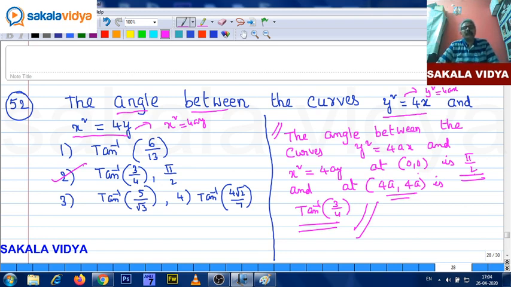Always remember, y squared is equal to 4ax is actually a right-handed parabola, x squared is equal to 4ay is an upwards parabola. So, you will be having the parabolas like this. This is y squared is equal to 4ax, standard form of the parabola, this is origin.